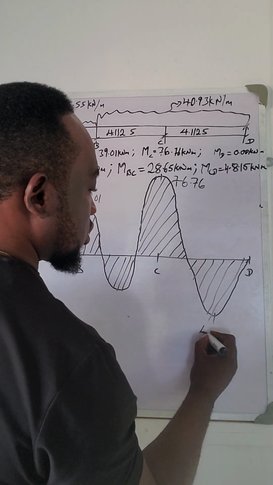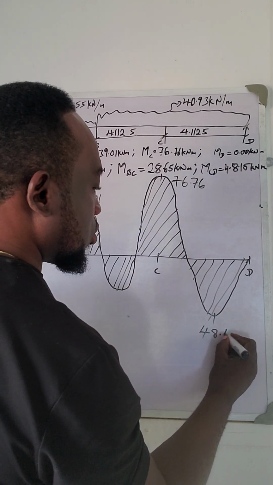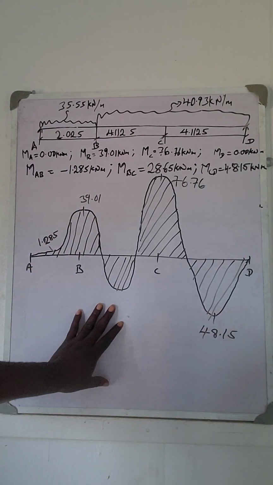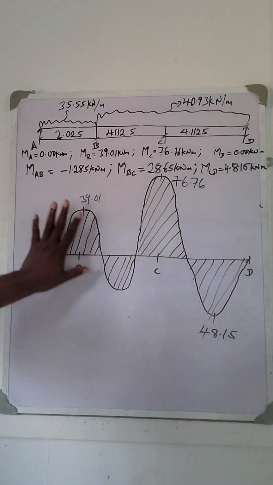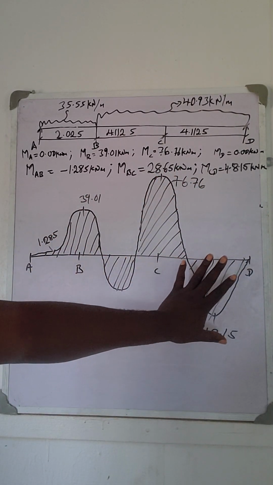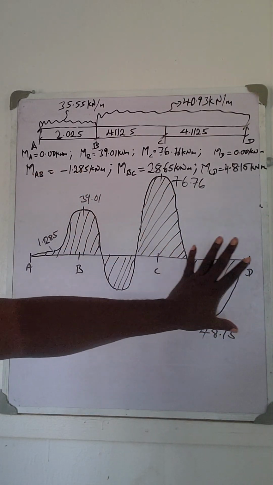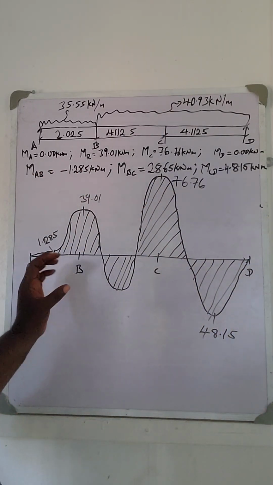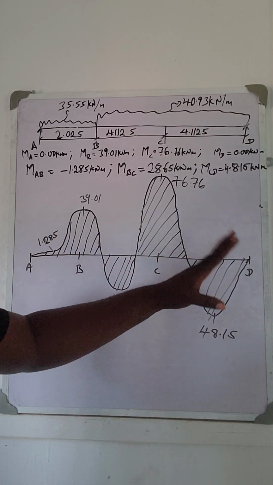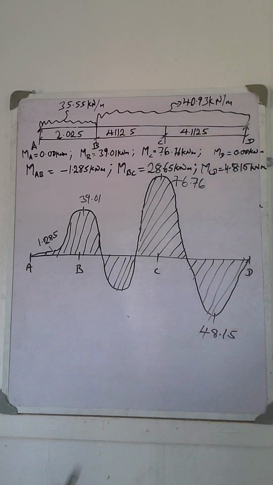This is 48.15, all in kilonewton meters. This is how the beam structural member will react to the loading. If you plot your graph, you have a more accurate diagram.